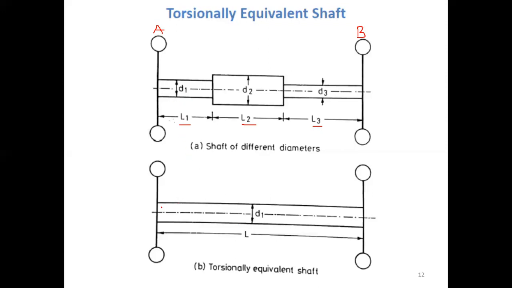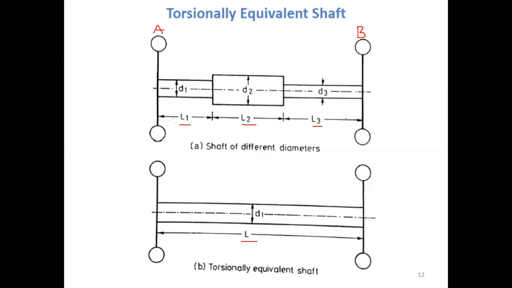So you are converting the entire shaft into diameter D1. And if you are converting it into a uniform diameter, it is very intuitive that you will get an equivalent length L instead of the actual length.